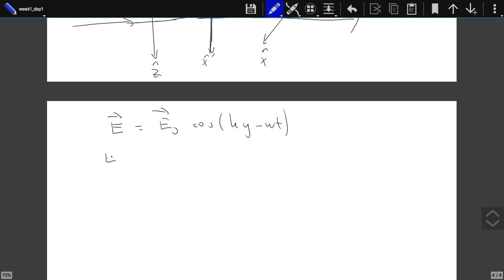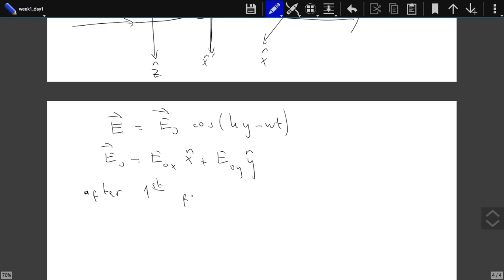It's moving in the y direction. And this E0 vector is a vector in the XZ plane. So it will have some E0x in the x hat direction plus E0z in the z hat direction. So this is our initial light, the polarization of the initial light, if it is polarized. Let's assume we just send some arbitrary polarized light.